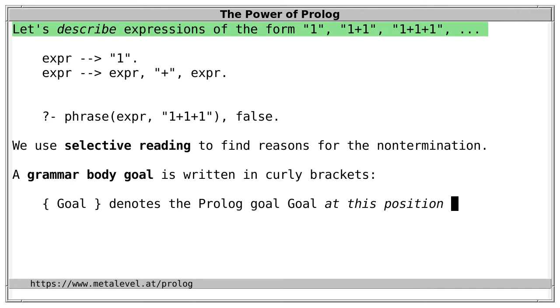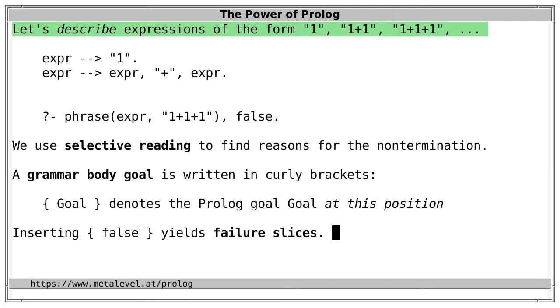So a goal in curly brackets means that a normal Prolog goal is called at this position. And in this way, we can refer to Prolog predicates from within DCGs. And in particular, if we insert false, then we obtain failure slices. Because false is always false, everything that follows has no influence on termination.